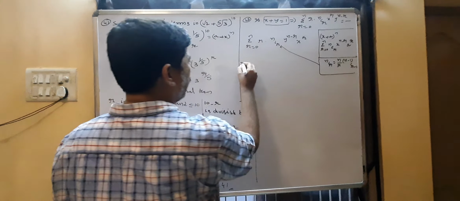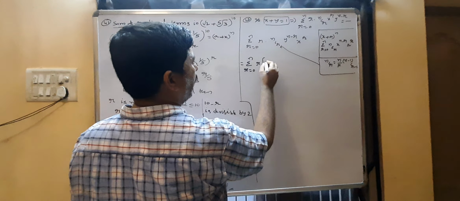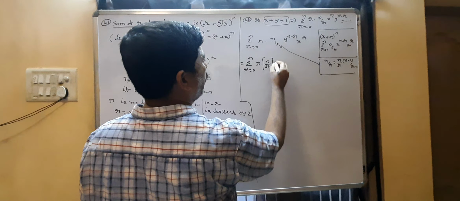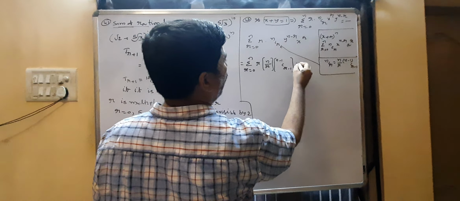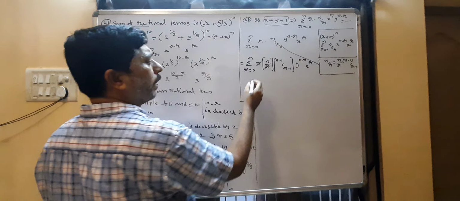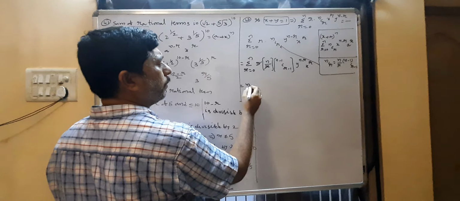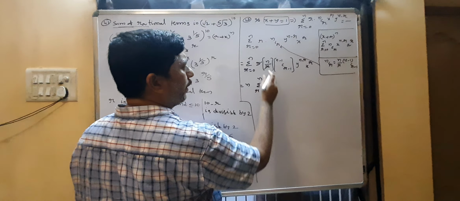So you have to apply that: it equals sigma r equal to 0 to n, r into n by r into (n−1)C(r−1) into y^(n−r) x^r. The r gets cancelled, take x outside, n outside: n sigma (n−1)C(r−1) y^((n−1)−(r−1)) x^(r−1), into x taken outside.